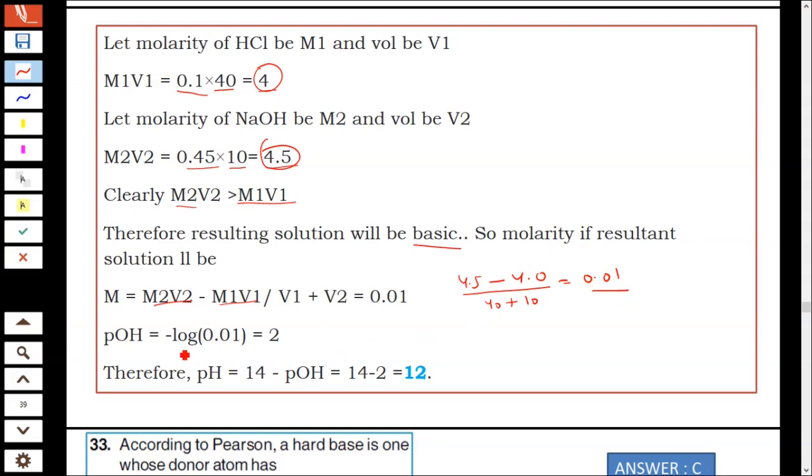You get the answer. So pOH is equal to minus log 0.01, which is equal to 2. So pOH is 2, hence pH is equal to 14 minus pOH, 14 minus 2, it is 12. Hence the pH of the solution is 12. pOH of the solution is 2.